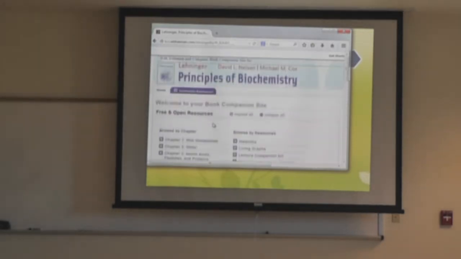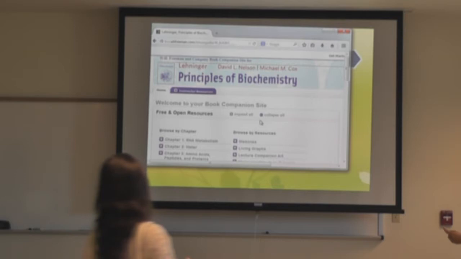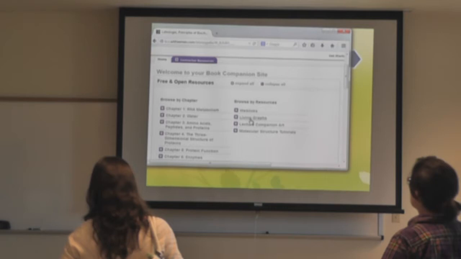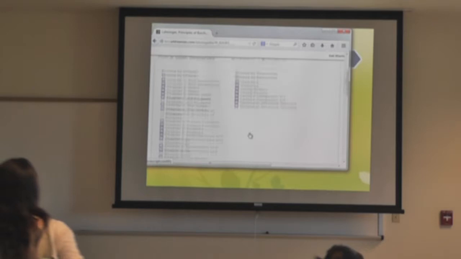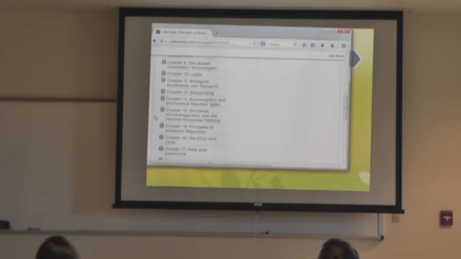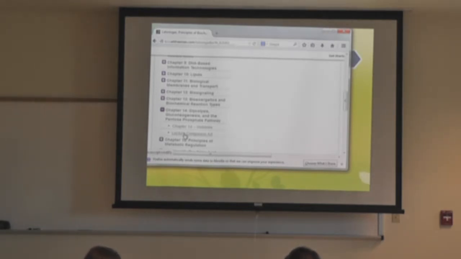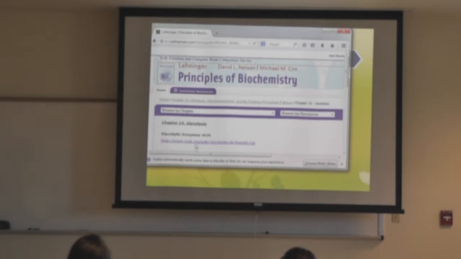Under the molecular structure tutorials, up at the top, down at the resources, the fourth resource. Oh, okay. Lecture and companion art, living graphs, web links, and molecular structure tutorials. Yeah, I don't know if you guys have the animations per se, but here they have everything else. So if we go to the link, they have web links and then the companion art, and that companion art is going to be like a big, probably 30 megabyte file that you'll download with all the pictures, and then the web links. So they have a lot of web links.